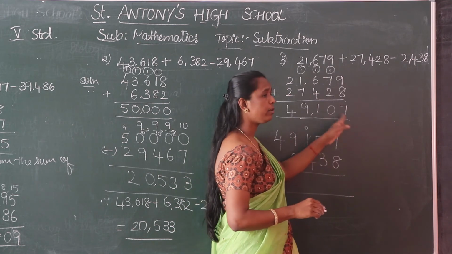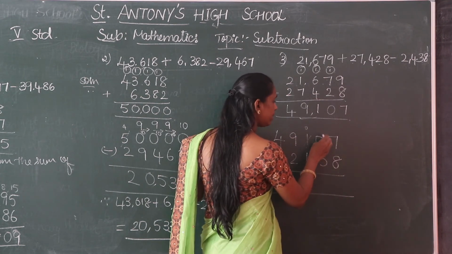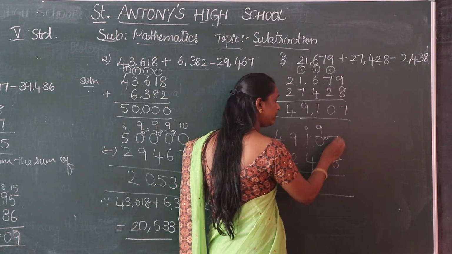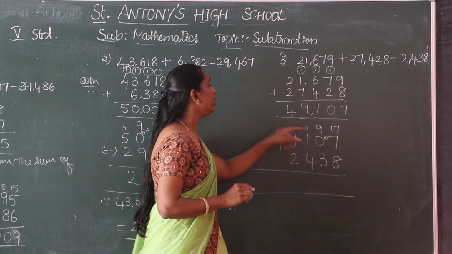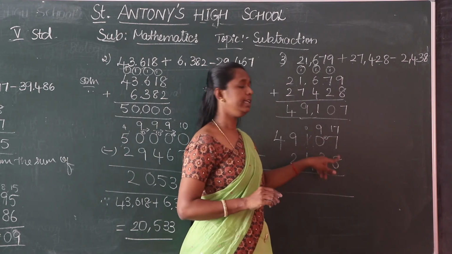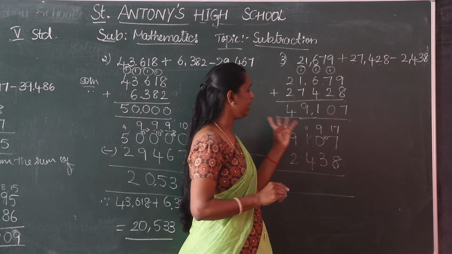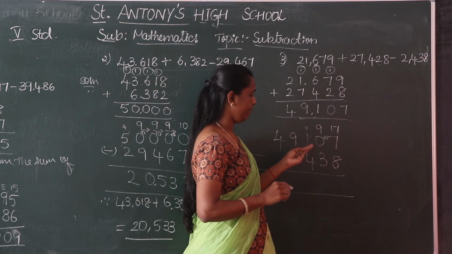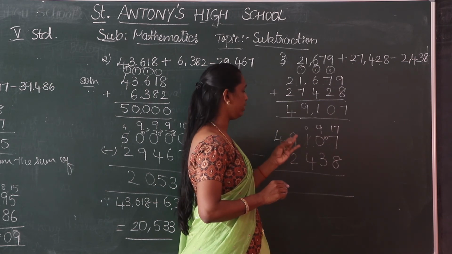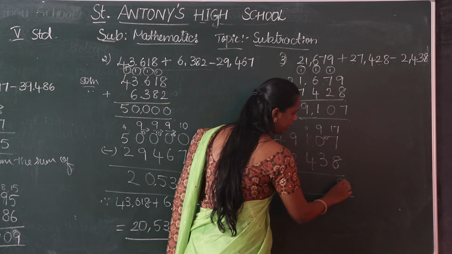Again we take borrow to the unit place. This 10 becomes 9 and this 7 becomes 17. Clear? So 17 minus 8. Easily we can calculate by counting from 8 to 17: 9, 10, 11, 12, 13, 14, 15, 16, 17. So the answer is 9.